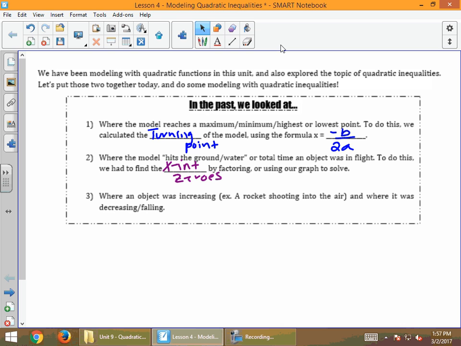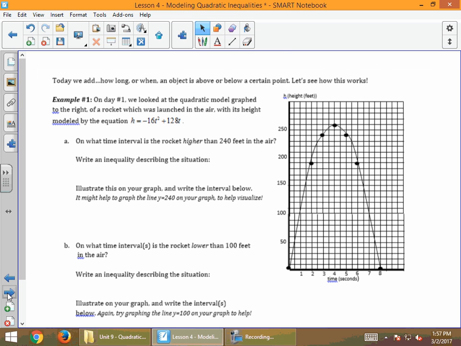Okay. So today we add how long or when an object is above or below a certain point, similar to what you just did on your quiz and what we've been talking about the last few days. So on day one we looked at the same problem. The rocket was launched and it's modeled by the equation negative 16t squared plus 128t, and the graph is shown below.